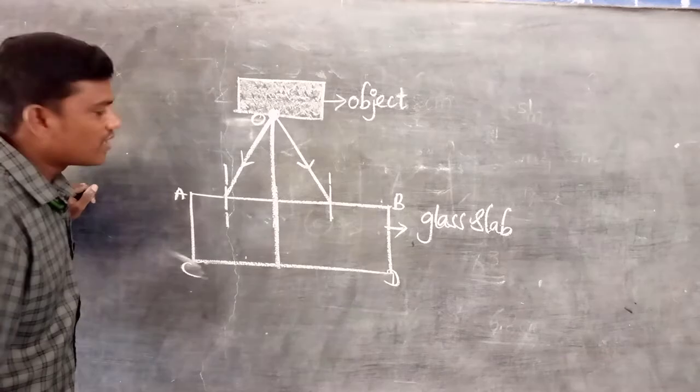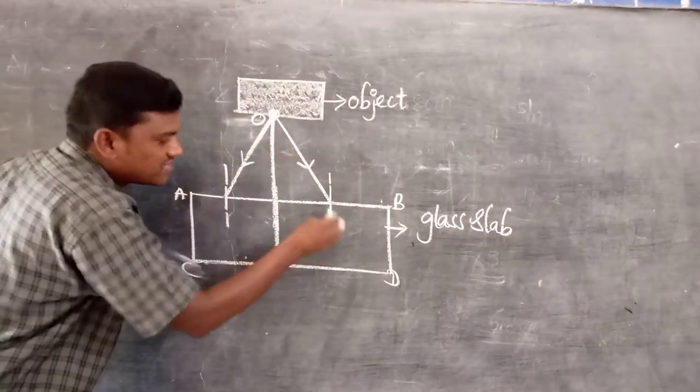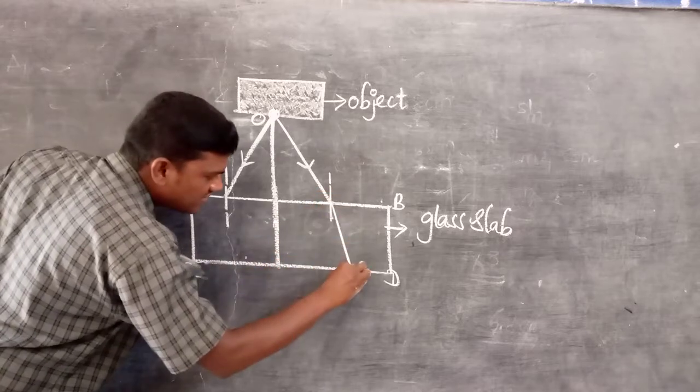Is it correct or not? So here also when the light travels from rarer medium to denser medium, it will be bent towards the normal.